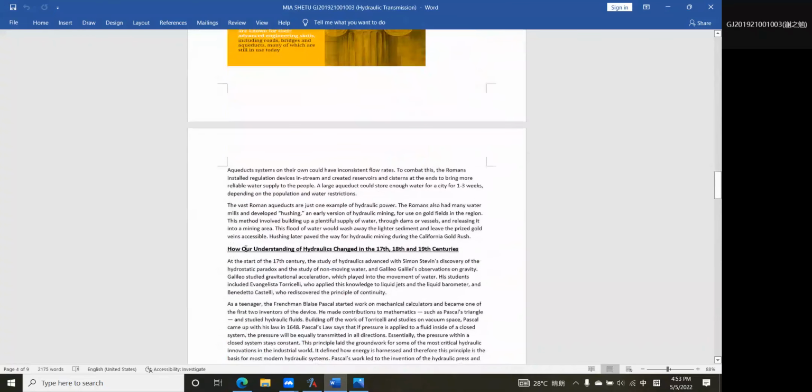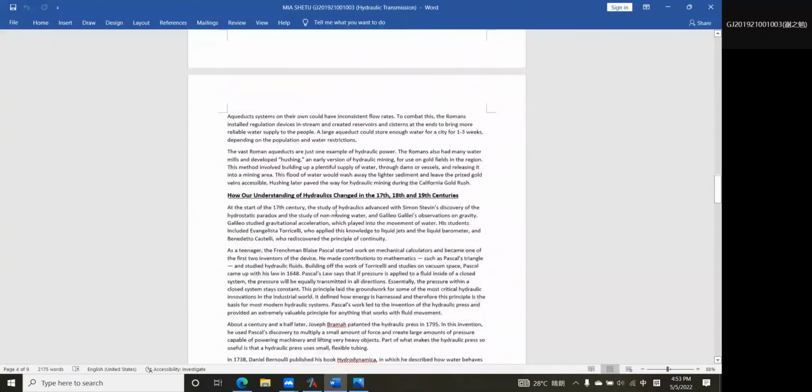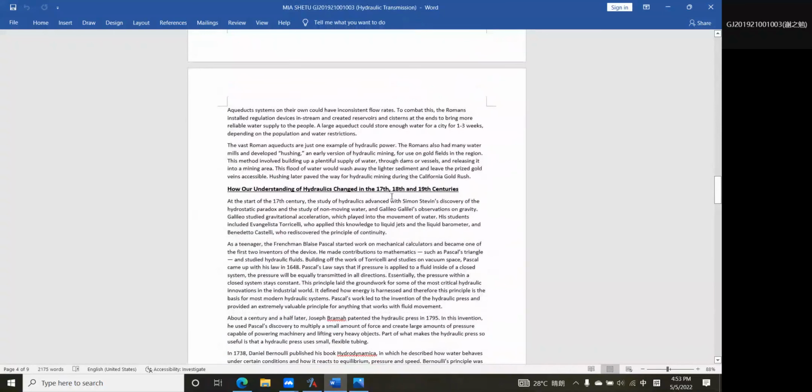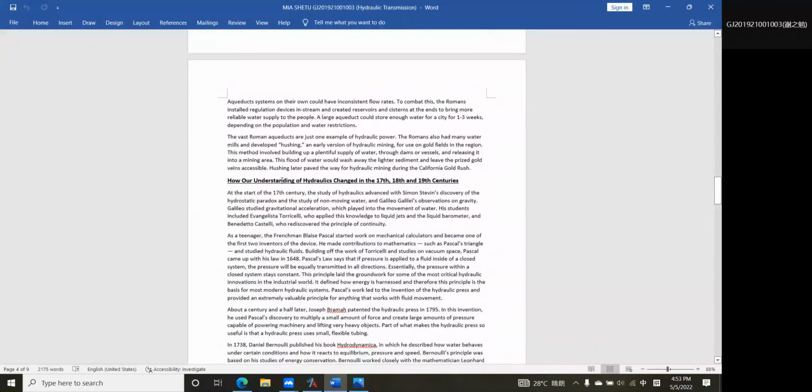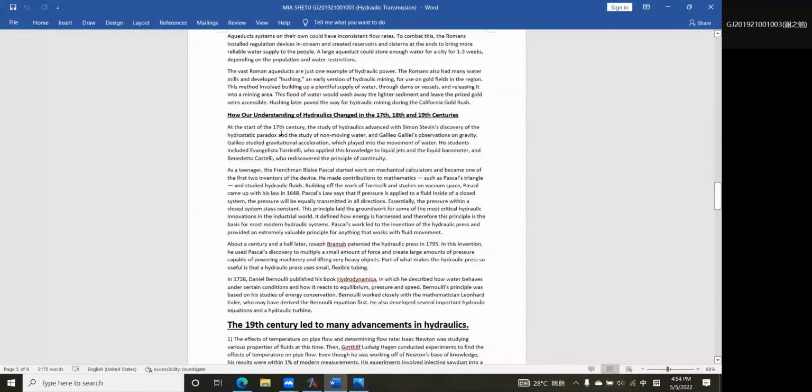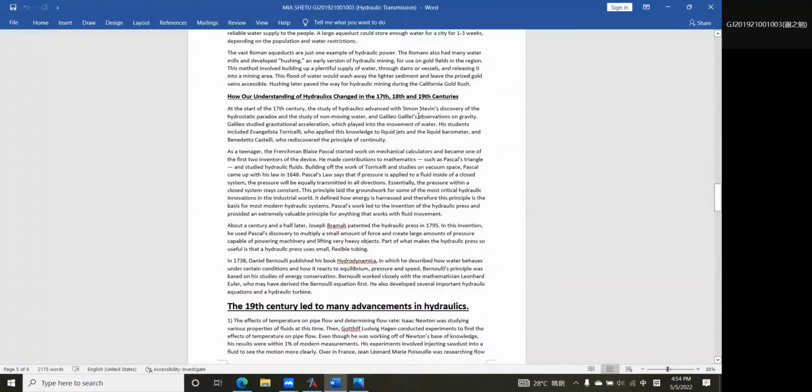And how our understanding of hydraulics changed in the 17th, 18th, and 19th centuries. At the start of the 17th century, the study of hydraulics advanced with Simon Stevin's discovery of the hydraulic paradox and the study of non-moving water, and Galileo Galilei's observations on gravity.